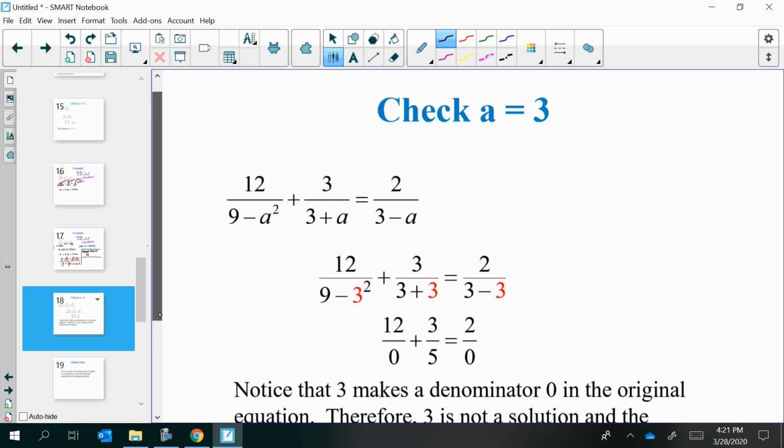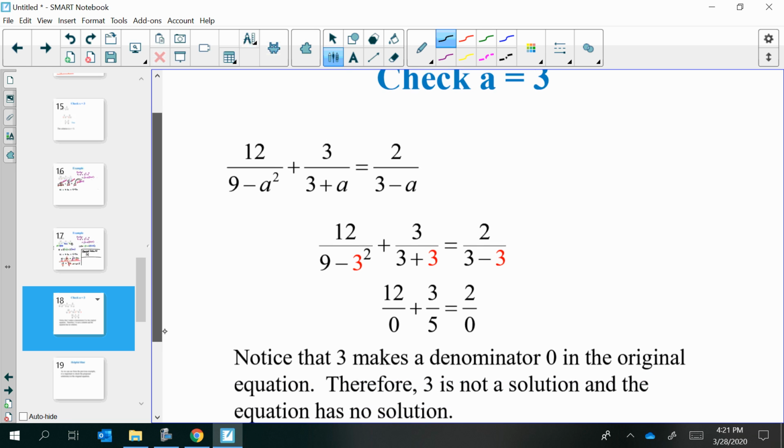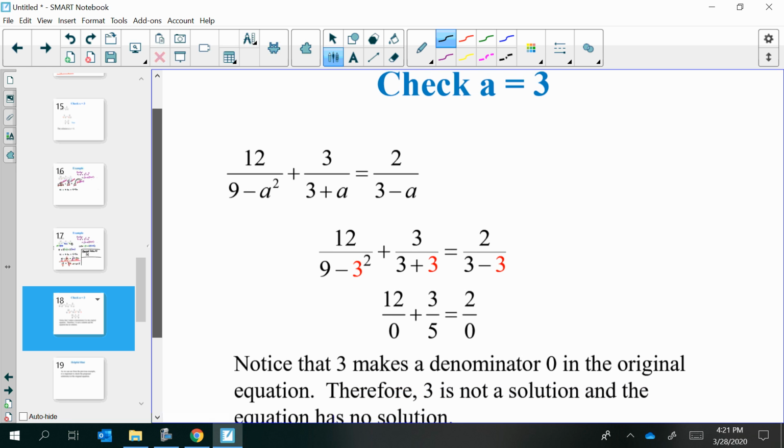So this is the result we get when we plug in a equals 3, and we actually got it twice over under the 12 as well. So now I know that 3 is not a valid solution. And since it was the only one that I had as an option, there is no solution.